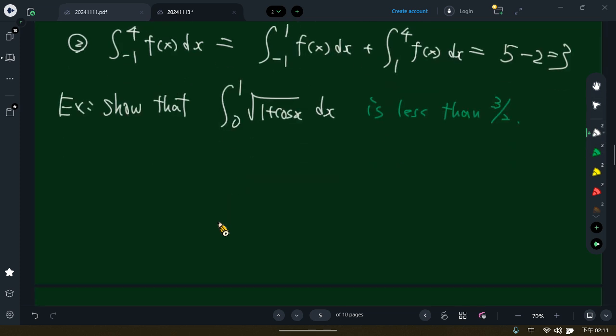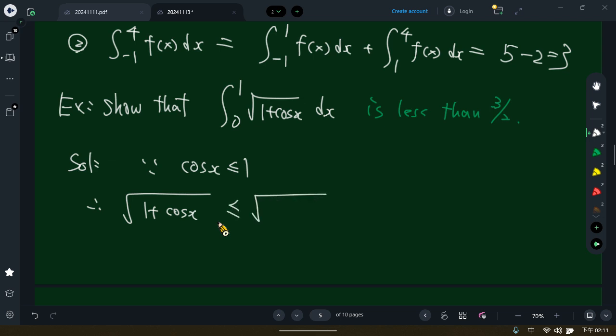So in this case, if we want to solve this problem, because cosine x is less than or equal to 1, therefore the square root of 1 plus cosine x will be less than the square root of 1 plus 1, right? Because we just use this rule to replace cosine x. So that will be the square root of 2.